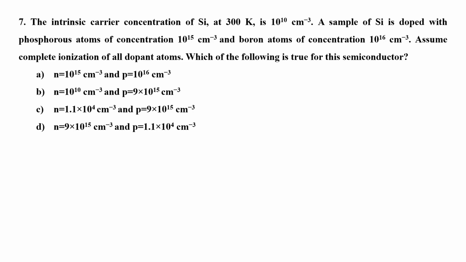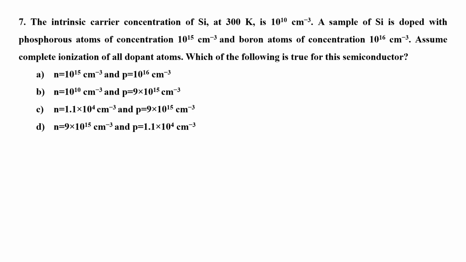First we have to see which concentration is more. Here which is more? Yeah, boron concentration will be more. Boron is p-type and phosphorus is n-type. Here, from 10 power 15 and 10 power 16, boron atoms will be more, right? So the final semiconductor that we have will be p-type, that is, more holes will be there. So what is the excess number of holes?